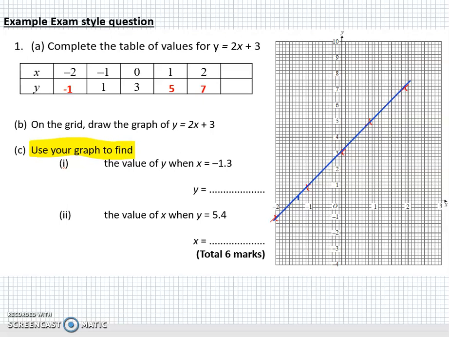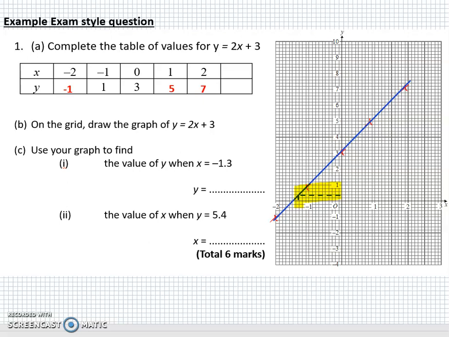So what we're going to do next is draw some lines to find this answer. I've drawn a dotted line, you can see just here, that goes up from my x-axis from minus 1.3.